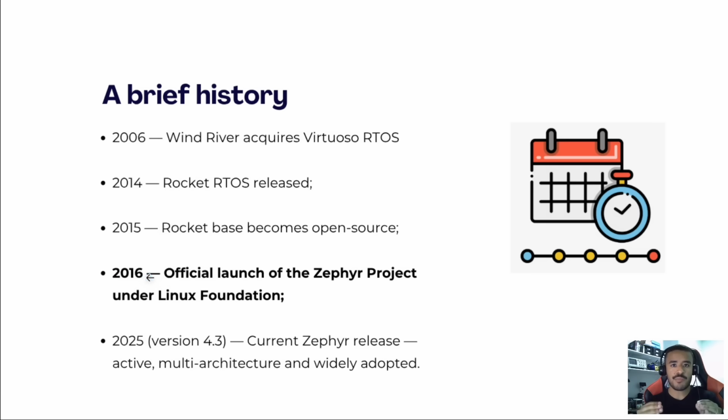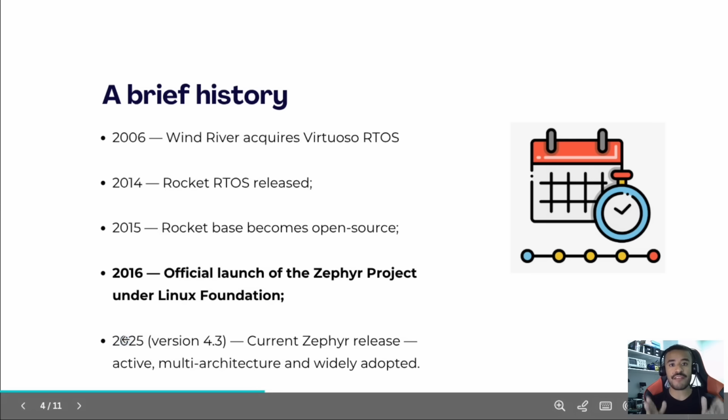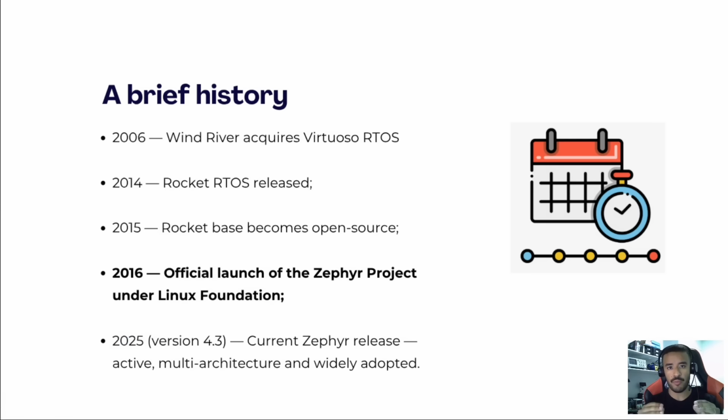The important milestone came in 2016 when the Zephyr project was officially launched under the Linux Foundation. Since then, Zephyr has grown into a stable, open, and widely adopted RTOS, supporting many architectures and real products.